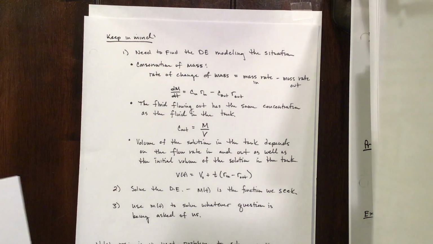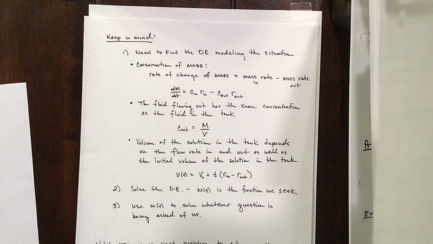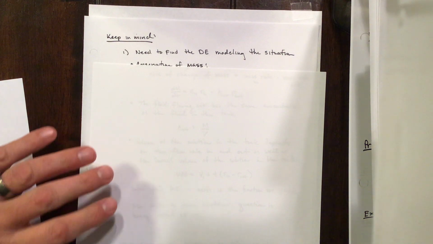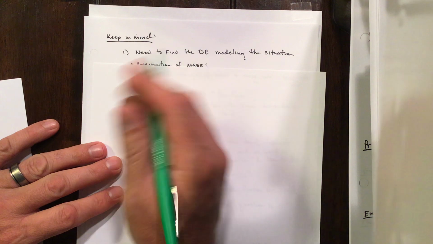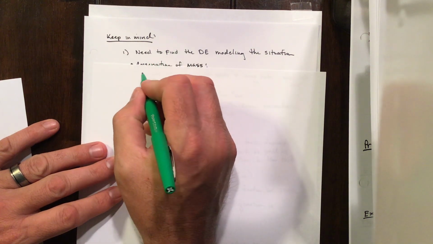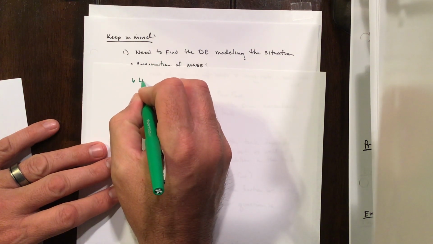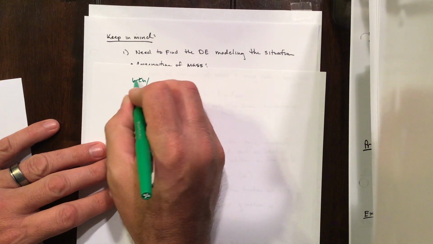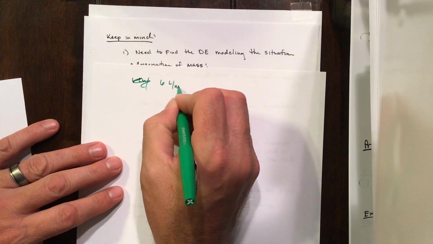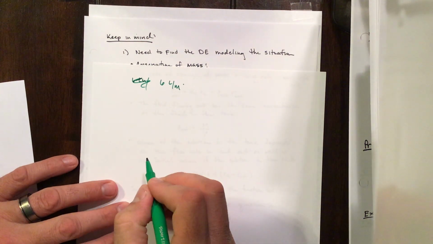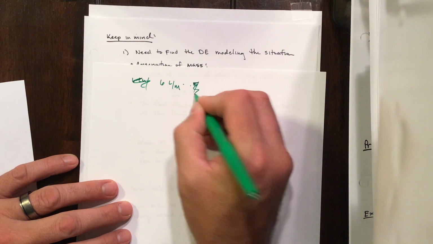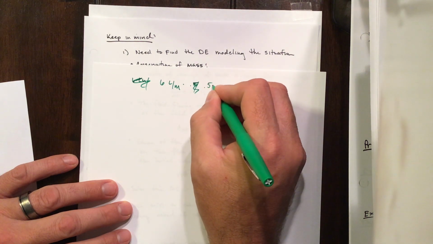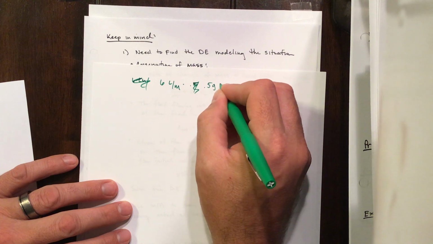We can look at something simple like the dimensions. You have a solution going into the tank at 6 liters per minute, and the concentration going in was 0.5 grams per liter.